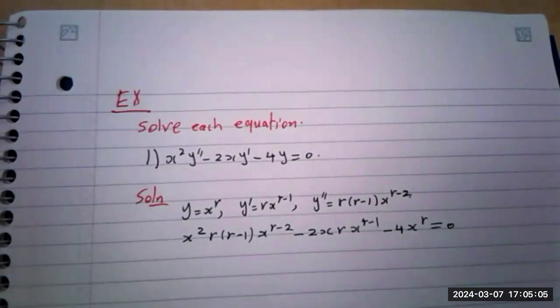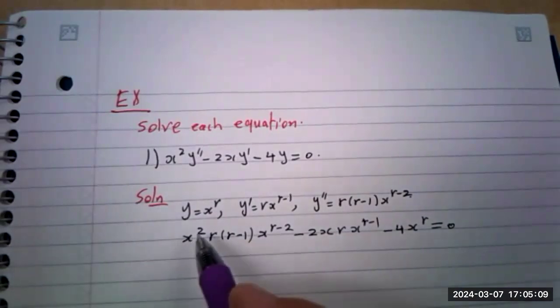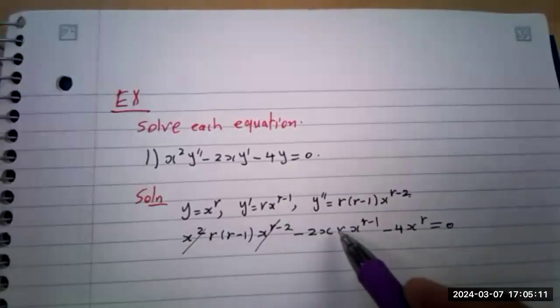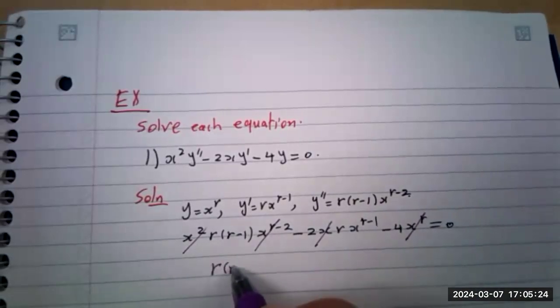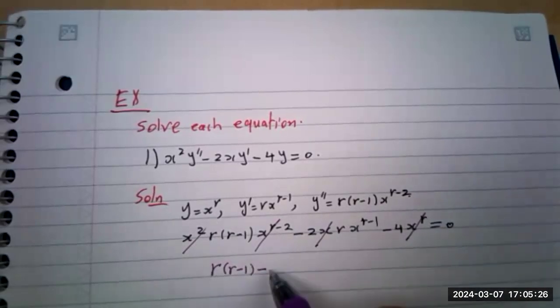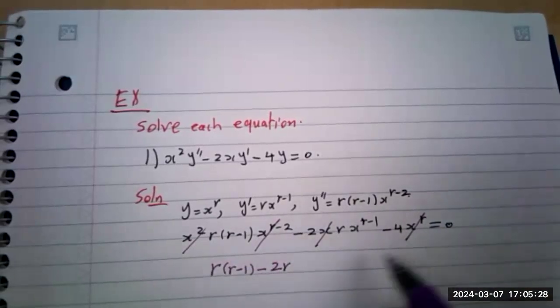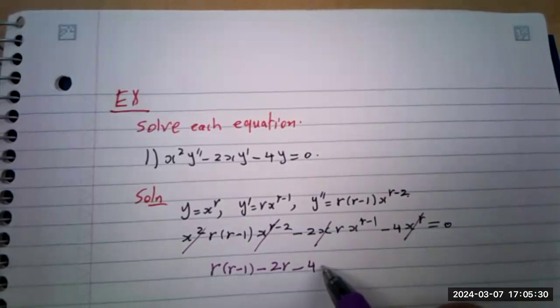All the x's will disappear because that would be x to the r. Drop the x's. That gives you your equation. Because if you put them together, that gives x to the r, and you can cancel out x to the r. So the leftover is r times r minus 1, minus 2r, the last one minus 4, equal to 0.